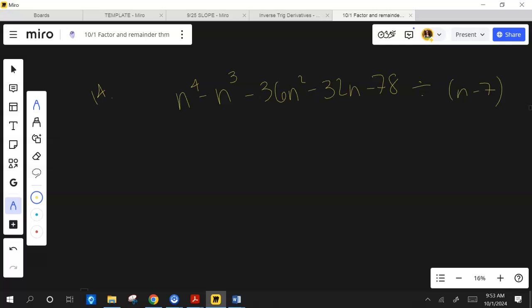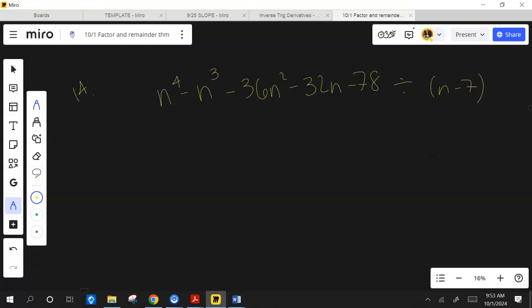What goes outside? 7. What are the coefficients inside? Drop it. Multiply. Add. Multiply.